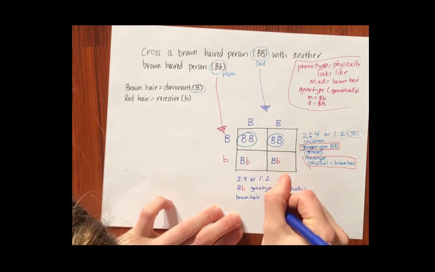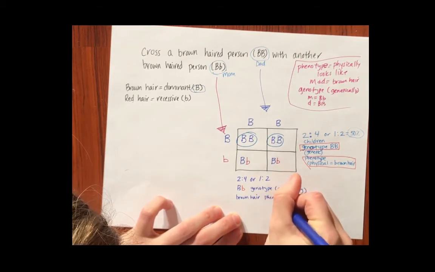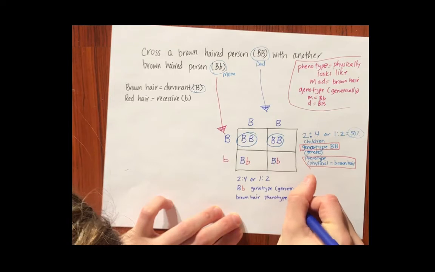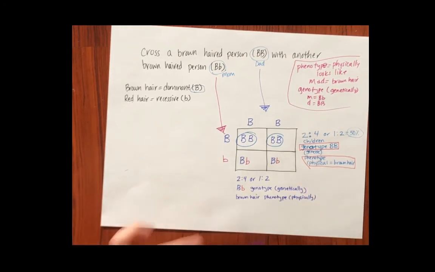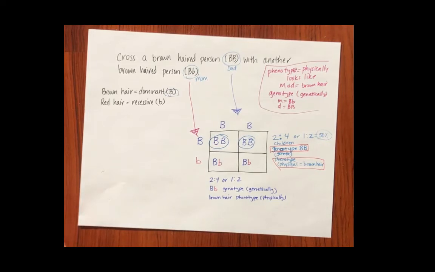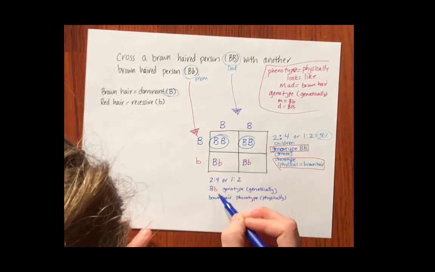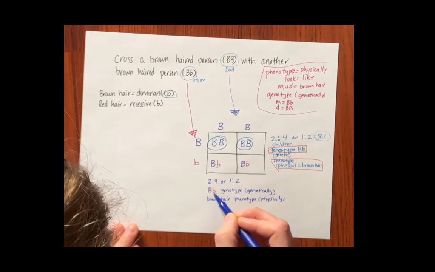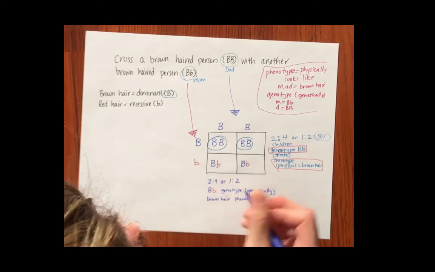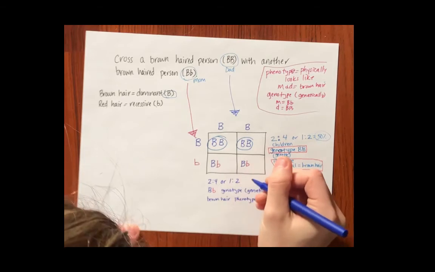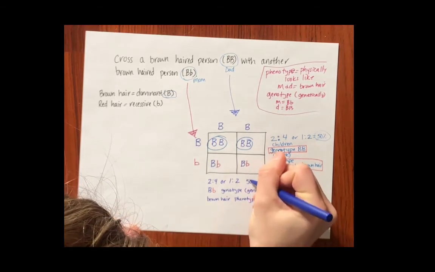So that is going to be their phenotype, what they physically look like. The odds of them carrying the recessive red hair, that would be big B, little b, are 2 out of 4, 1 out of 2, which is 50%.